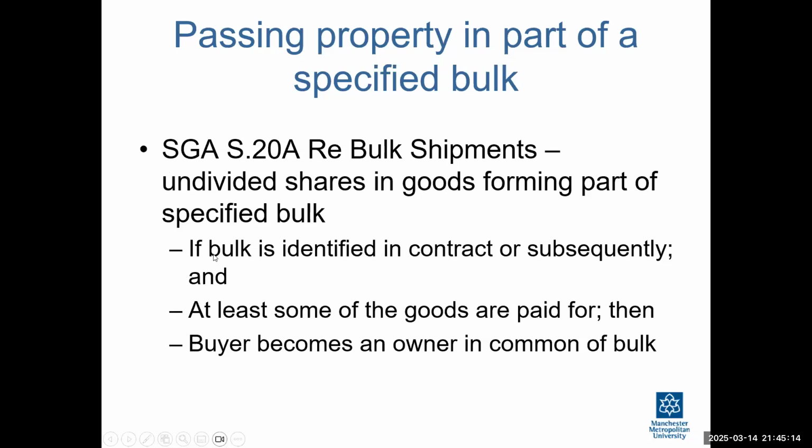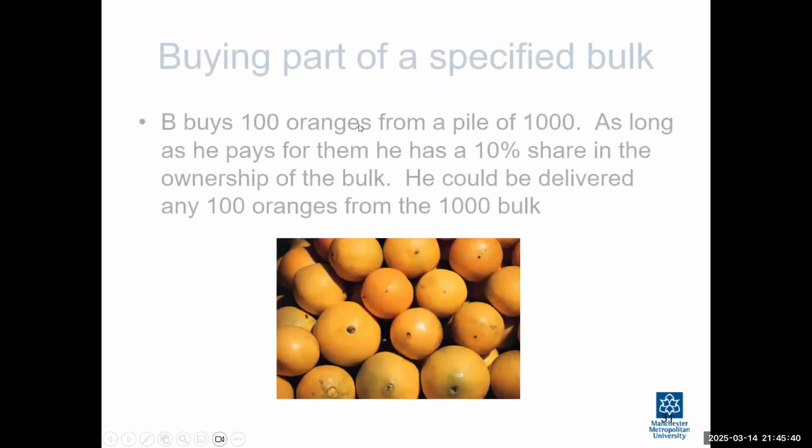So we've got some illustrations of what this could look like in reality. If the bulk is identified in the contract or subsequently, and at least some of the goods are paid for. Remember, with the other ones, you don't need to have paid for the goods. But when we're talking about passing of property in a specified bulk, part of it needs to have been paid for, and the buyer becomes an owner in common with the others.